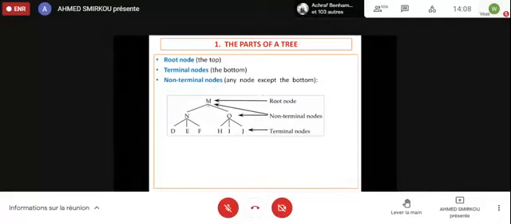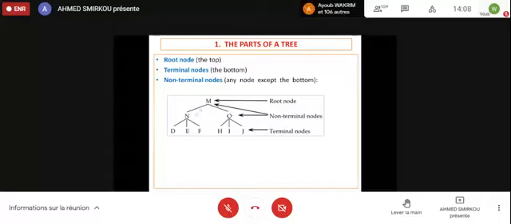So the root node is the mother of everything; it is the first node in a tree. The top node of every tree is called the root node. Notice that M is both a root node and non-terminal, because according to the definition, a non-terminal node has a branch below it.